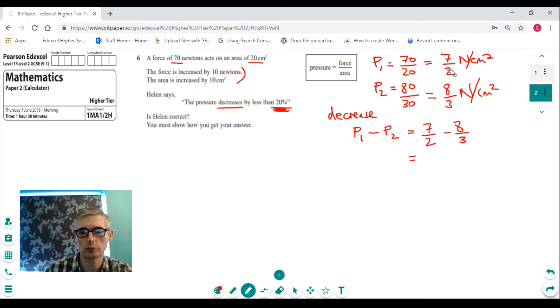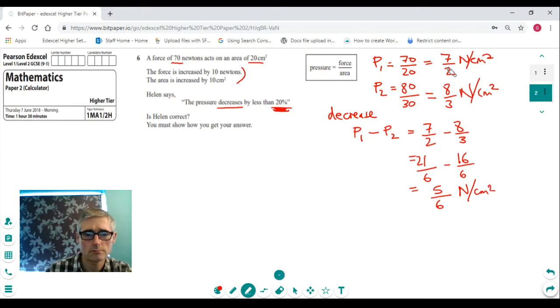We can see 6 would be the lowest common denominator. So that would give me, times by 3 there, 21 over 6, minus, and times top and bottom of this one by 2, 16 over 6, which would give me 5 over 6. So that is a decrease measured in, again, newtons per centimetre squared.